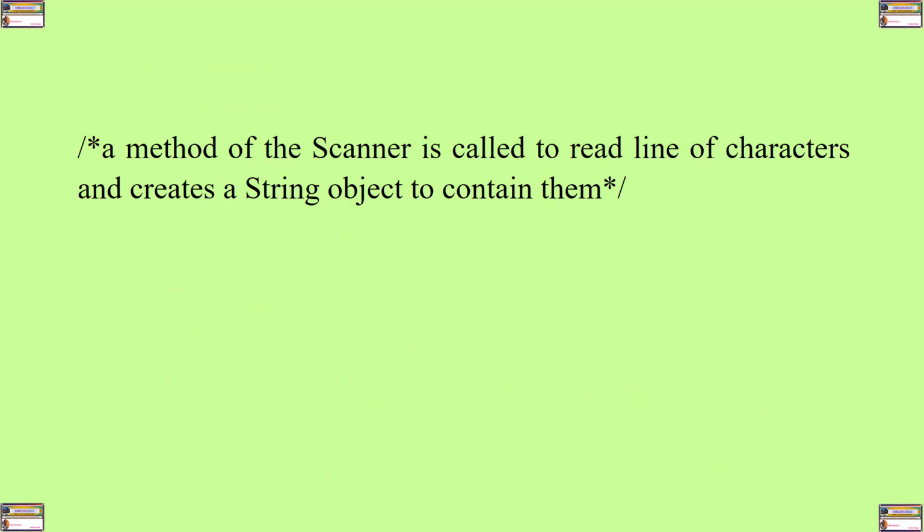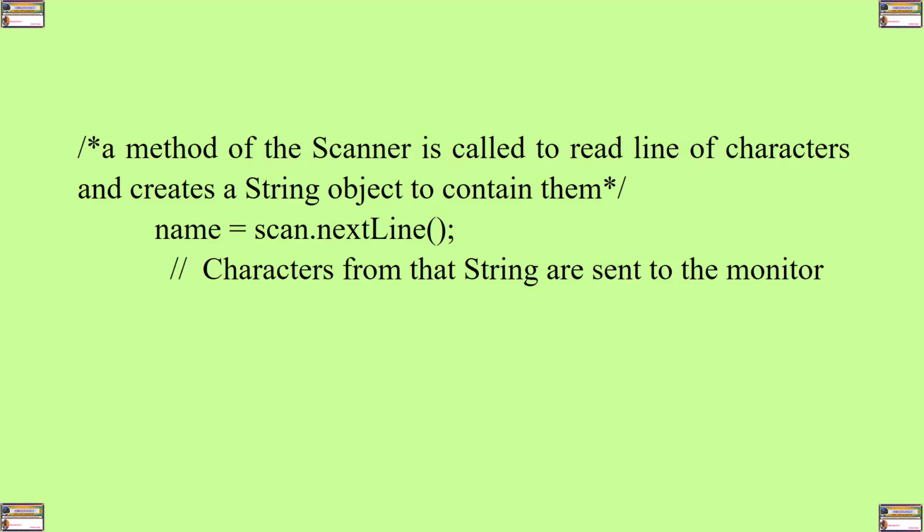And we have also seen that you can include a comment, like: a method of the scanner is called to read a line of characters and gives a string object to contain them. And then, as you have seen, we have used the method scanner.nextLine, and that has enabled us to read a set of characters that have been stored under name.